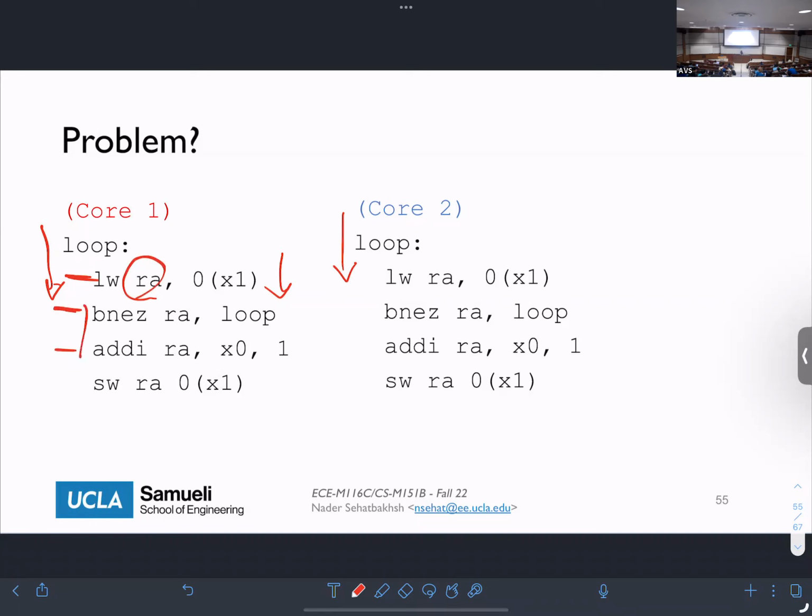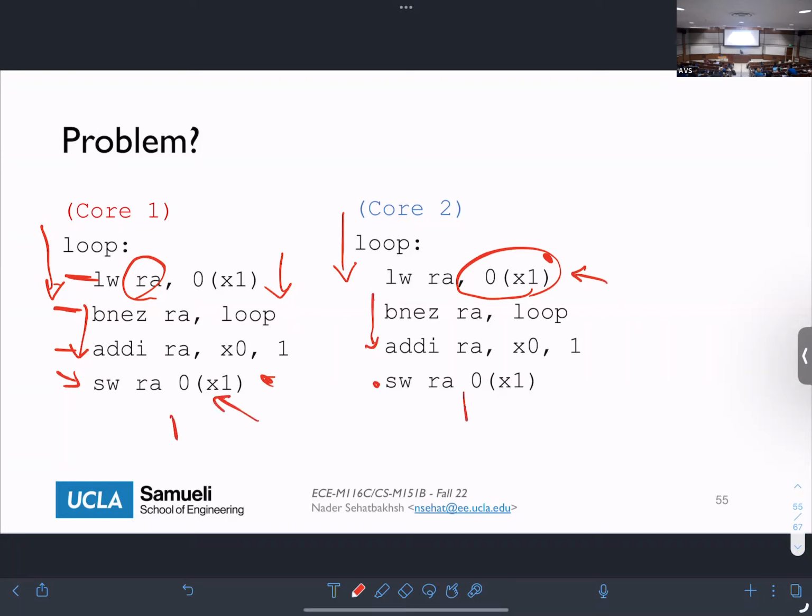So maybe I execute both of these two, but I still haven't done this. At the same time, this core might also do this before that happens. If this happens before this, core number 2 is also going to read lock equal to 0 and think, oh, I got the lock as well. So it starts doing this and reaches this. Maybe then this happens and we write 1.